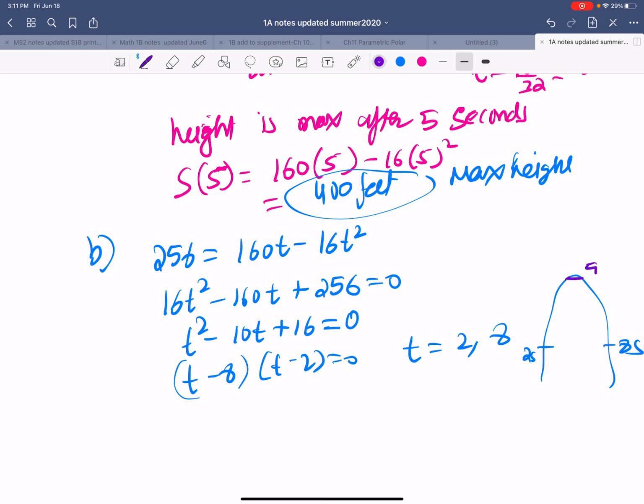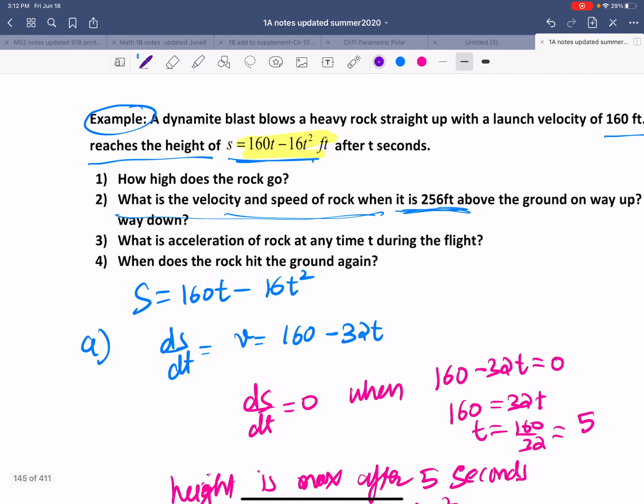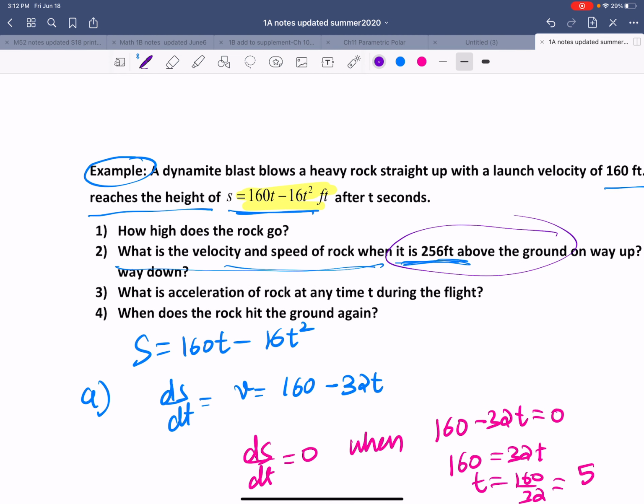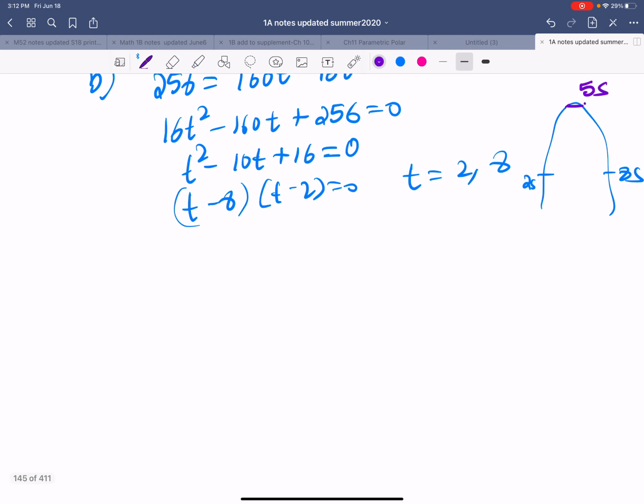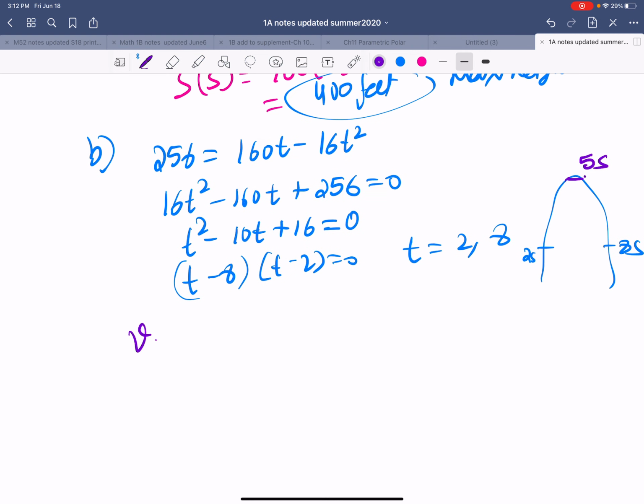Because after 5 seconds, the object is at maximum height, we need to find the velocity when the object is going up, and it's going to be a positive velocity when it's going up. So find the velocity at t is equal to 2.